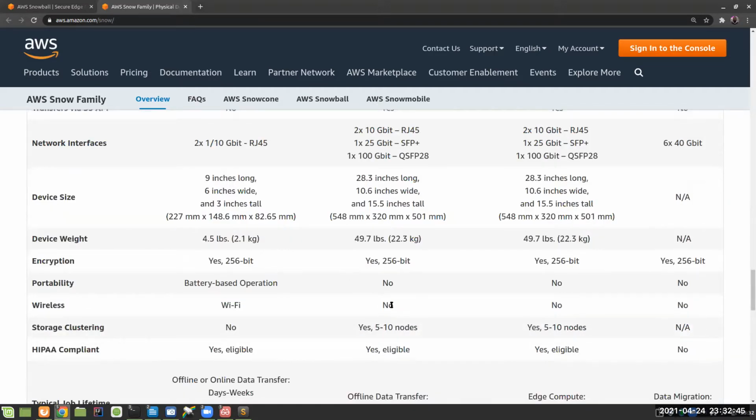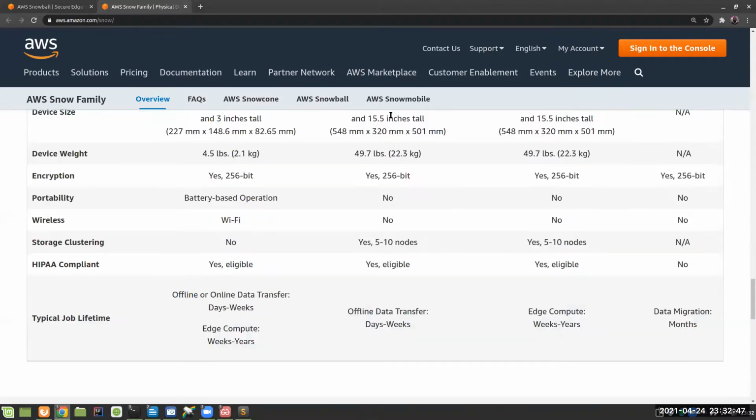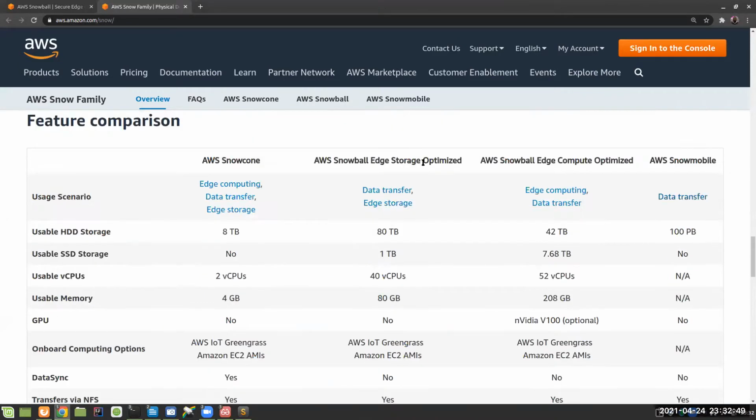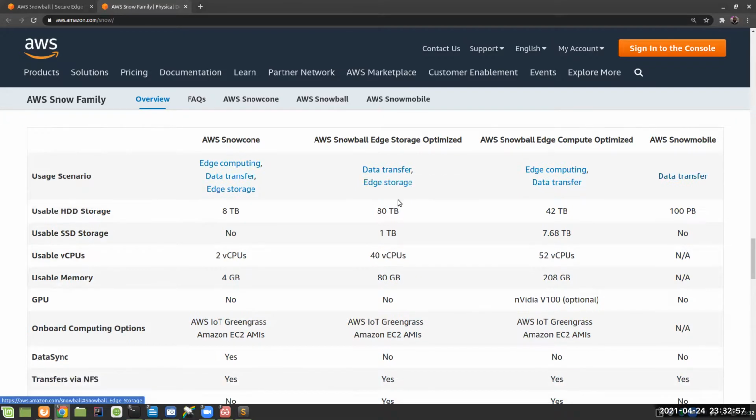The difference with the Snowball compute, as you hear, is that it comes with some computing capabilities. If we remember during the discussions, if you want to do some machine learning functionality before you move the data, you can use that.